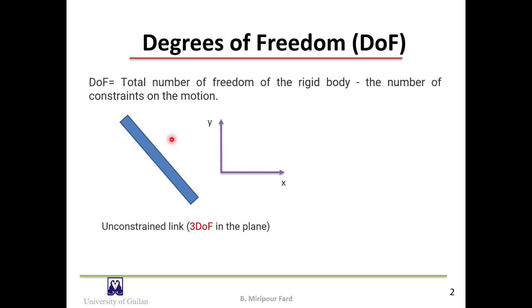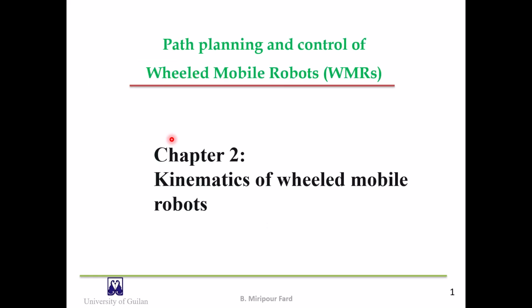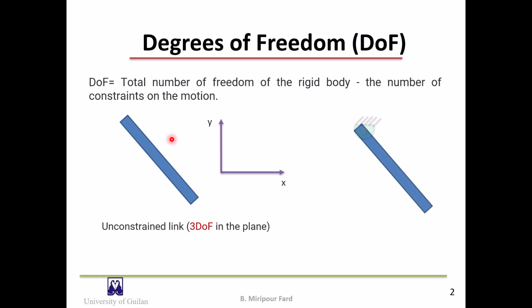The constraints on the motion of the rigid bodies often come from joints. If the link is connected to the ground with a revolute joint, 2 movement constraints are created. It is not possible to move the connection point of the link to the joint in the x and y directions, neither at the moment shown nor at any time.